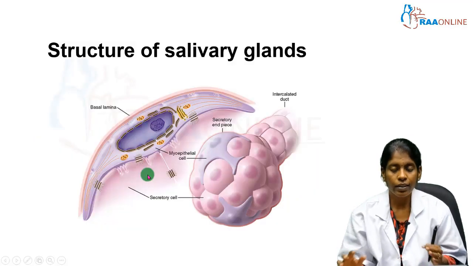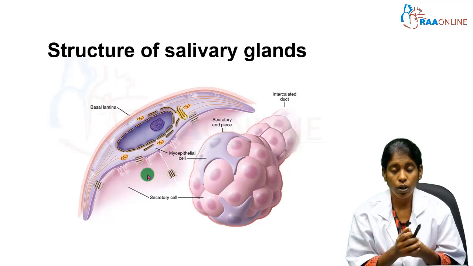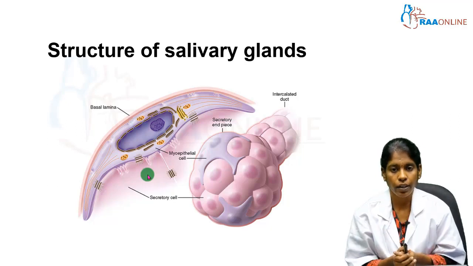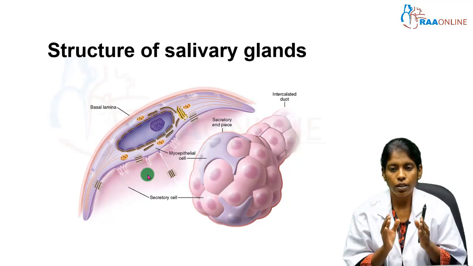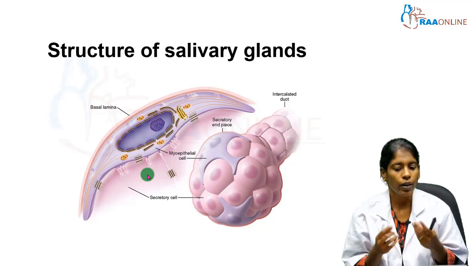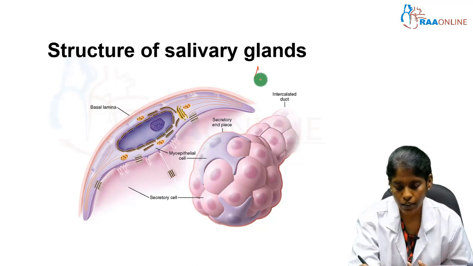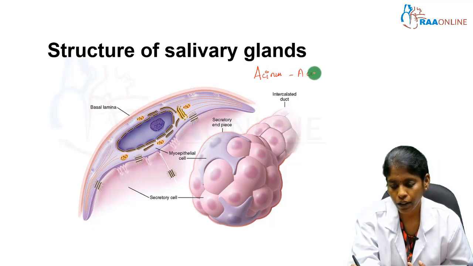Now, we will see the internal structure of the salivary glands, what is exactly present within them. The basic functional unit of a salivary gland or any gland is the acinus, in plural acini.